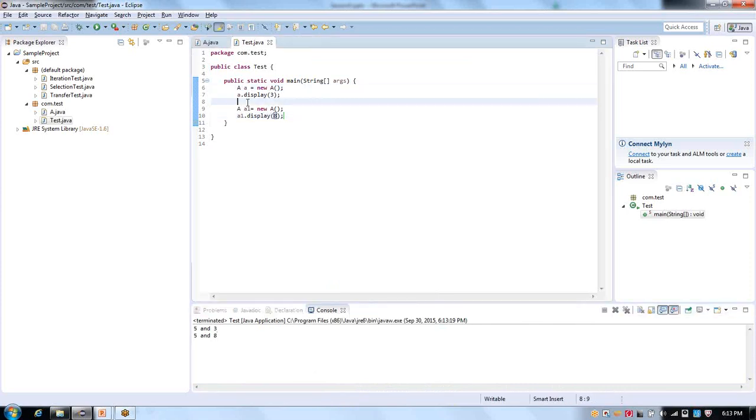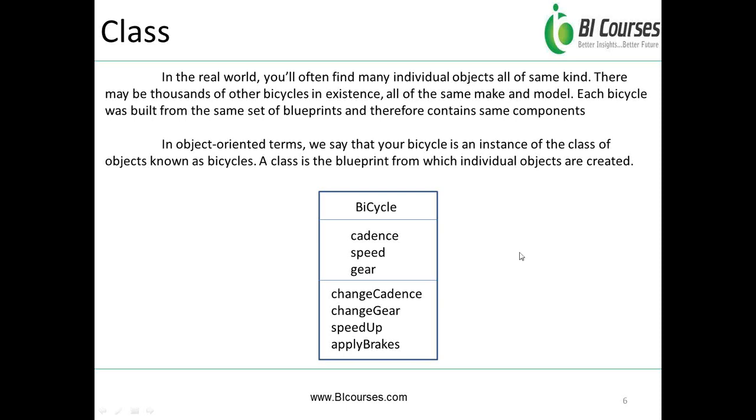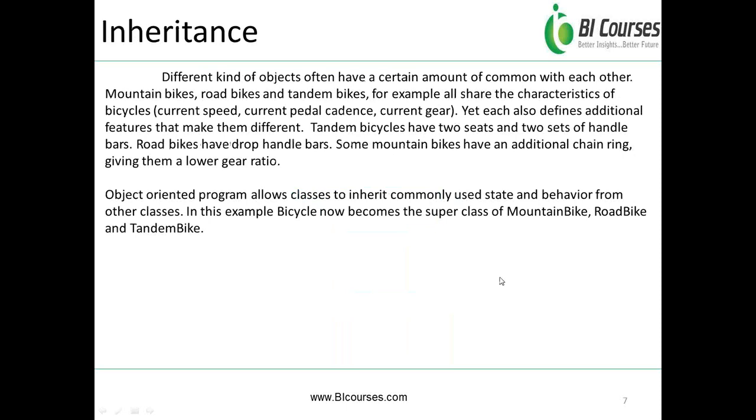So these a and a1 are of type class A. The class is one, but we can create n number of objects, which can have different state and behavior. Okay, we'll go back to the slide. So bicycle, cadence, speed, gear: these are the states and behavior.